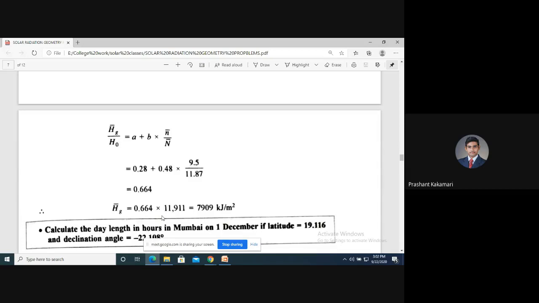The estimated monthly average daily global radiation Hg bar is 0.664 into 11,911, where 11,911 is H naught bar. So approximately we get kilojoules per meter square, or if you want, you can write it in joules per meter square also.